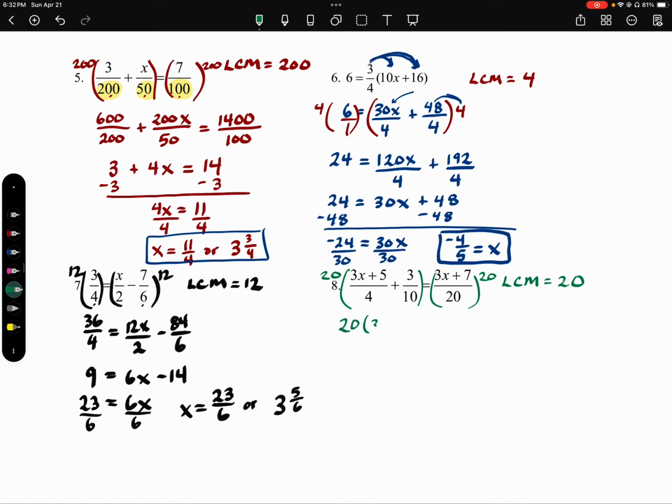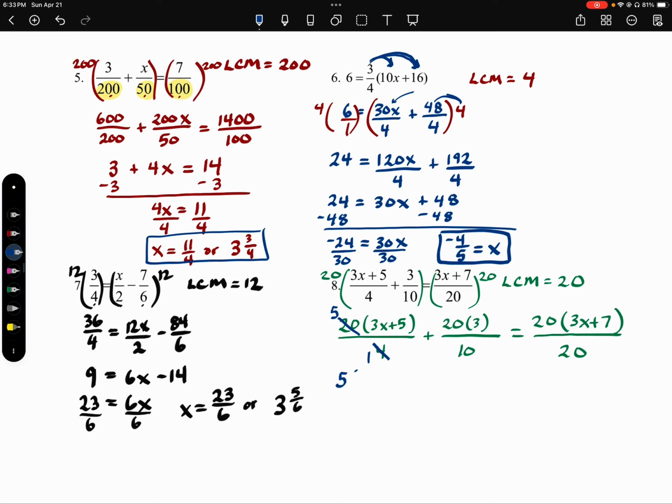I've got 20 times (3x plus 5) all over 4, plus 20 times 3 over 10, equals 20 times (3x plus 7) all over 20. Now feel free, if you want to, you can distribute the 20 through the parts that are being multiplied by binomials, or you can look at it like this. 4 goes into 4 once and into 20 5 times.